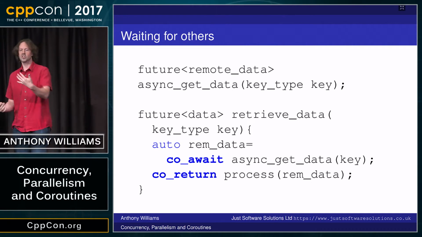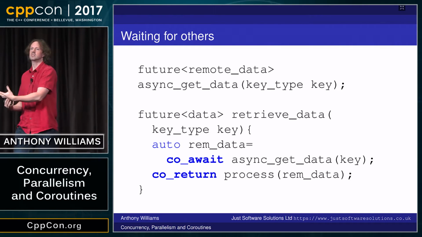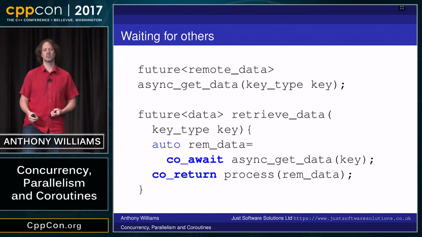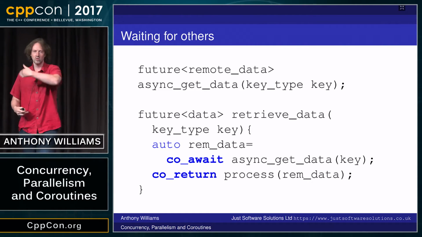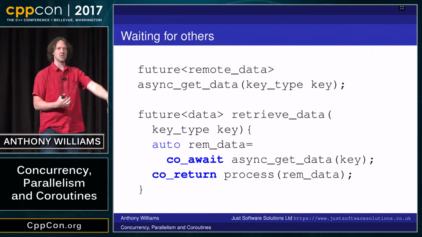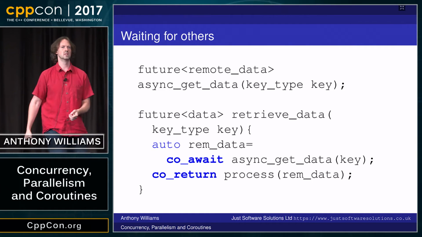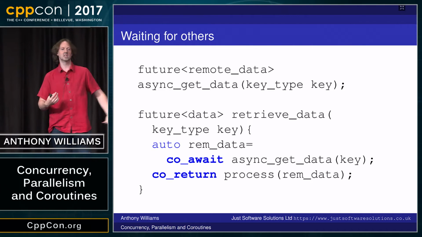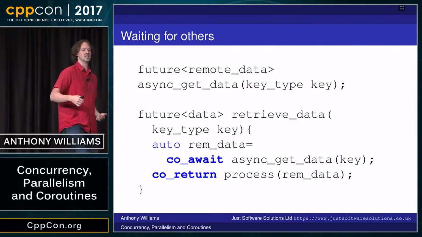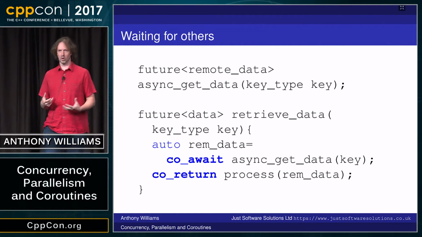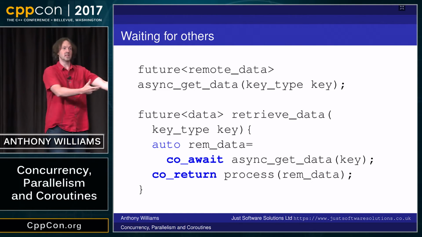And so you might have some function that's going to give you a future of some value. And so then inside your coroutine, you can co_await on a function that's going to generate you a value. And it will suspend your coroutine until that value is ready. But then you could also return a future from a coroutine. And so then when you do, it will wake up anything that's waiting on it.